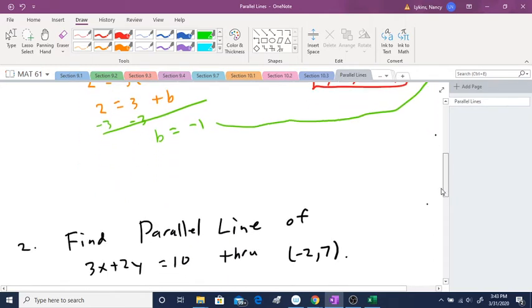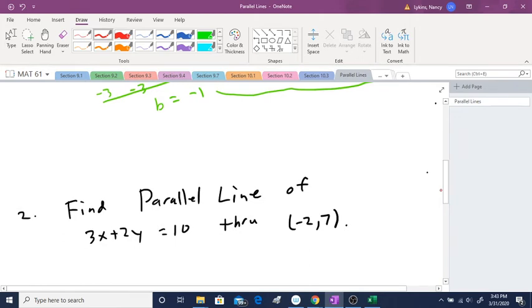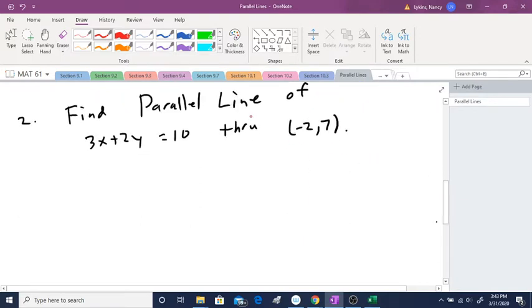Next, find the parallel line of 3x plus 2y equals 10 that passes through the point (-2, 7). Okay, this one's a little bit different because I'm going to have to come up with that equation in y equals mx plus b form.